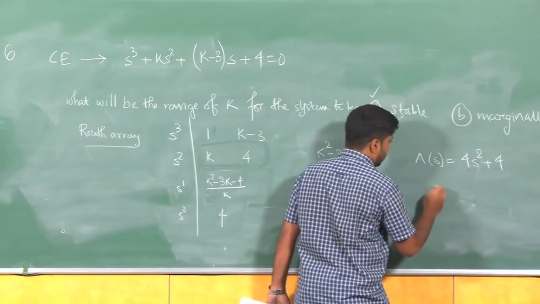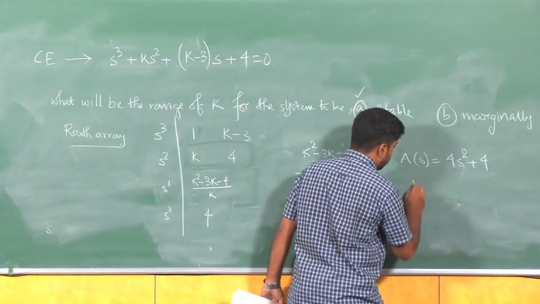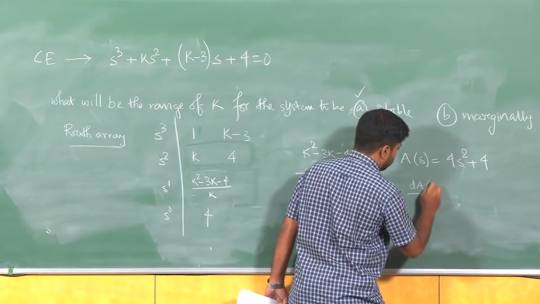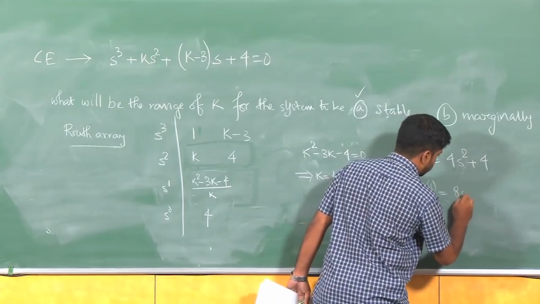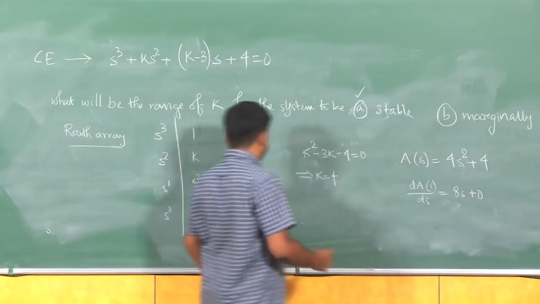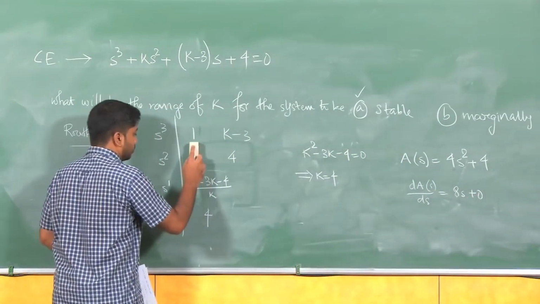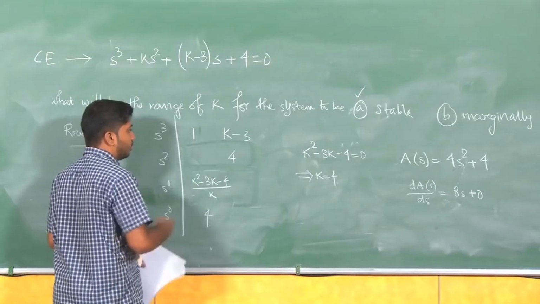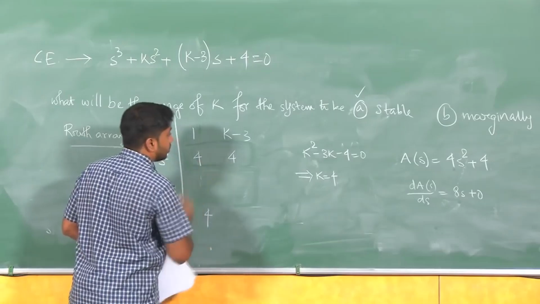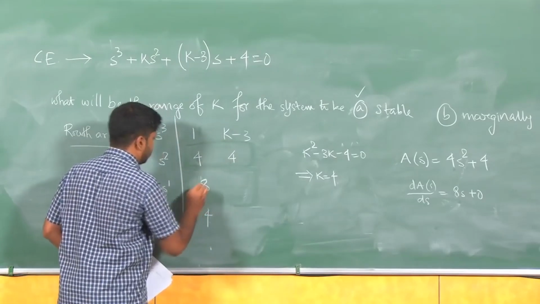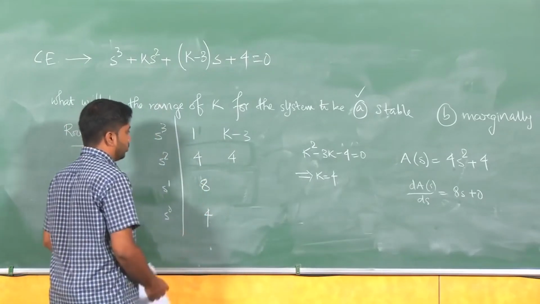Then dA/ds is 8s plus 0. So, replace k by 4, replace this by 8, and this will be 4.